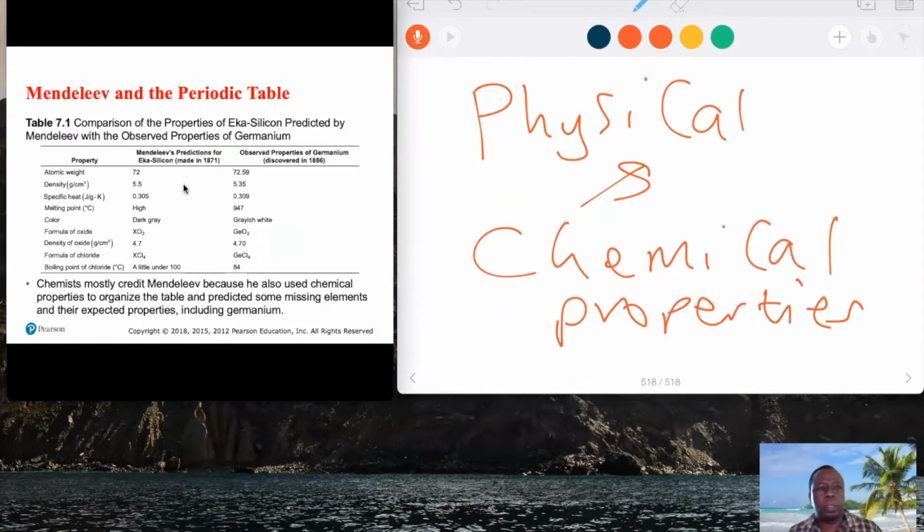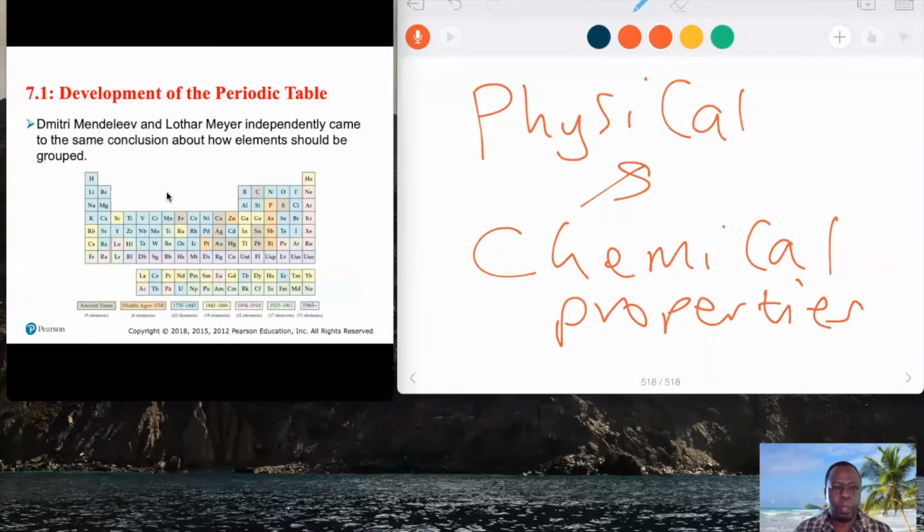This table, table 7.1, highlights the reason why Mendeleev is given credit for organizing the modern periodic table. He was able to predict, all right? He was able to predict germanium on the periodic table. This was missing at that time, germanium and gallium, all right?